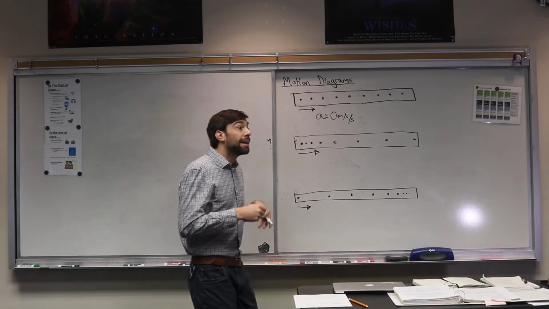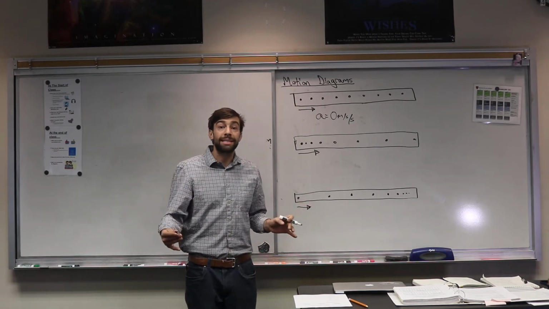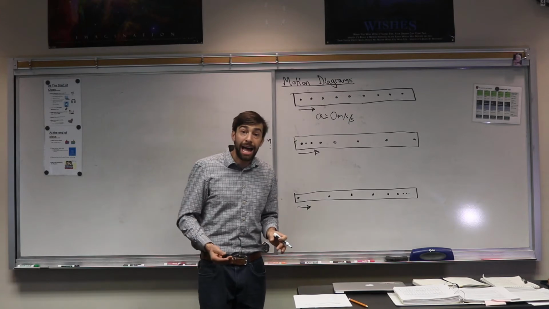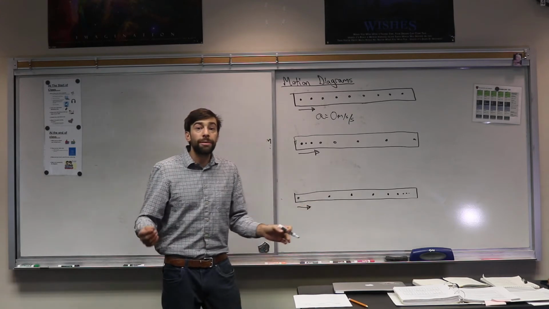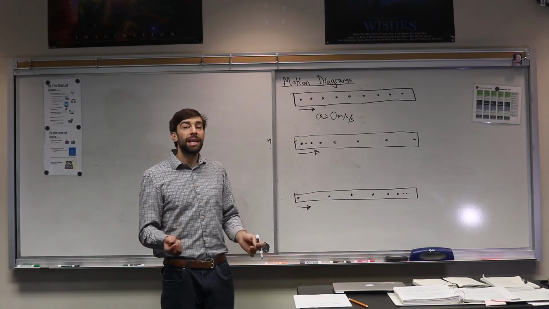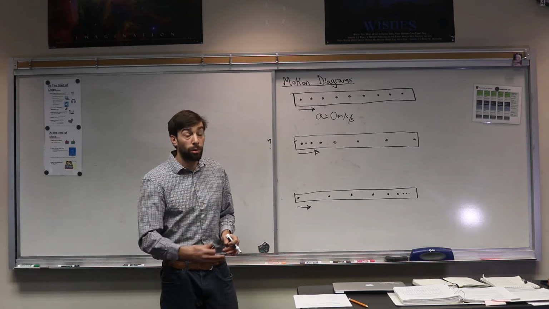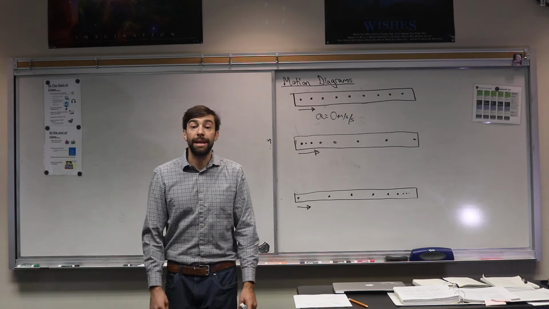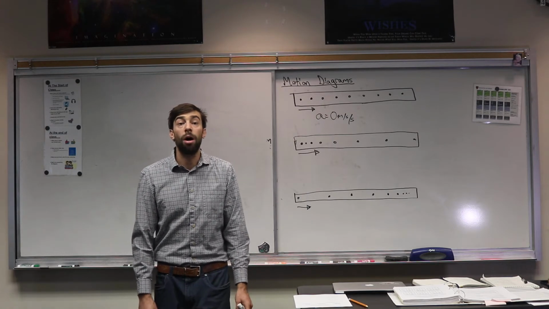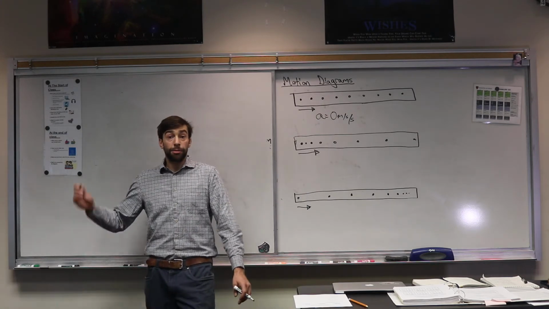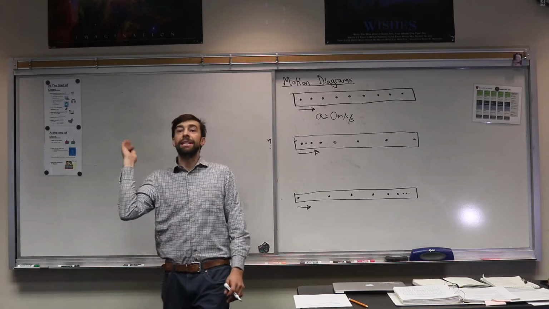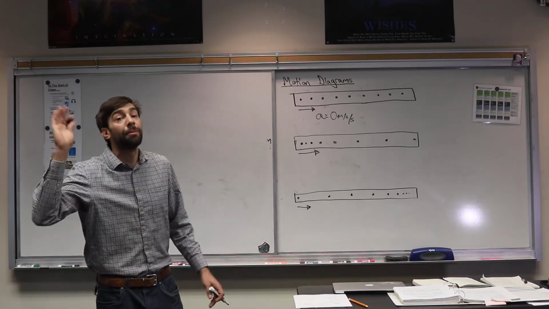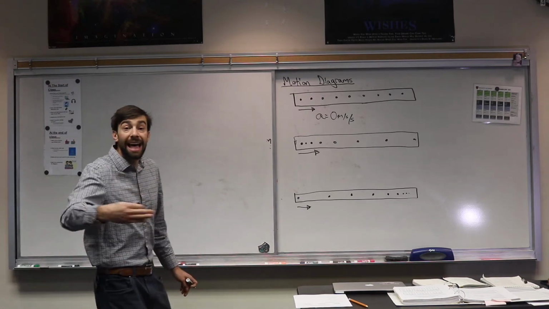Well, if I'm traveling more distance in the same amount of time, hopefully we know at this point that should mean we are going faster. We're moving faster. If I'm moving at 1 centimeter a second, I'm at a crawl.